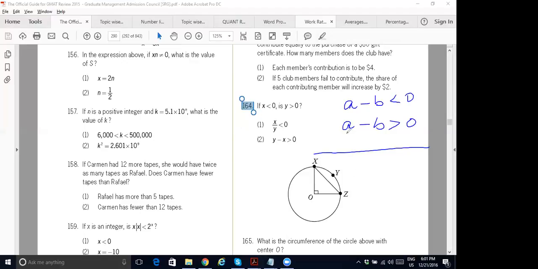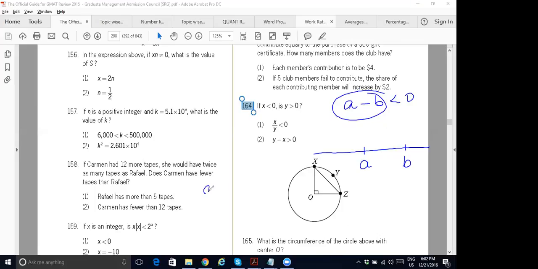Okay. Now, let's first remove this. Difference between two numbers on the number line: it is important to understand that whenever the difference between the two numbers is asked, if it is less than 0, then a minus b less than 0 means a is on the left of b on the number line.